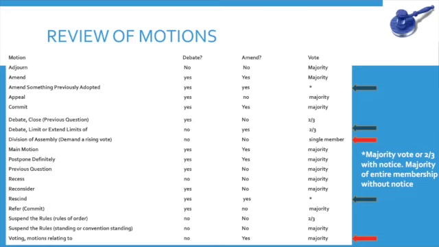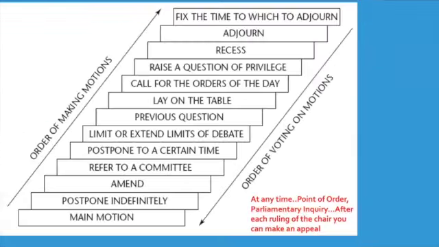But if there was no notice for the 2 that are starred, it has the majority of the entire membership has to be able to vote, or you have to have enough votes. So if you have 80 members and you didn't give notice, the majority of that 80 has to be able to vote on whether those 2 different motions are available.